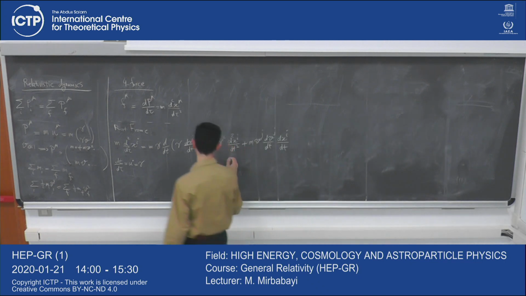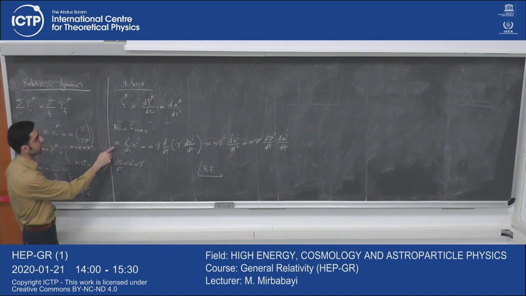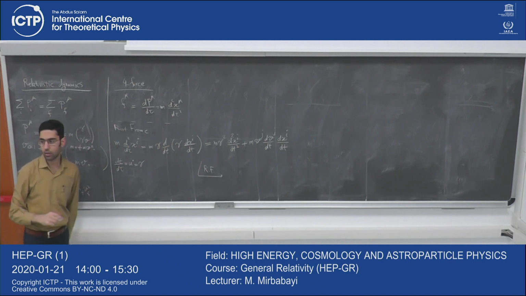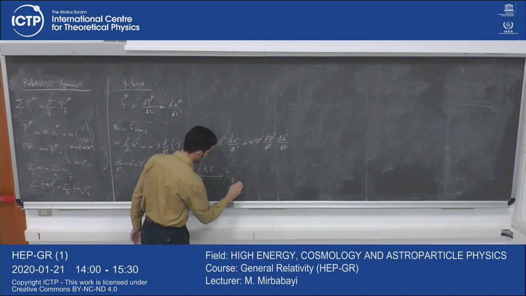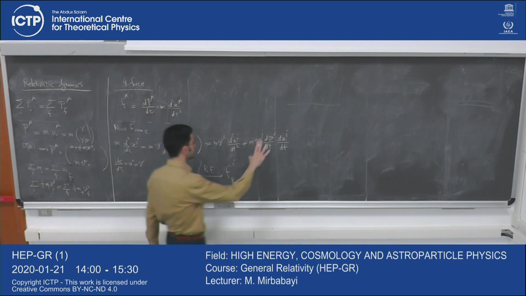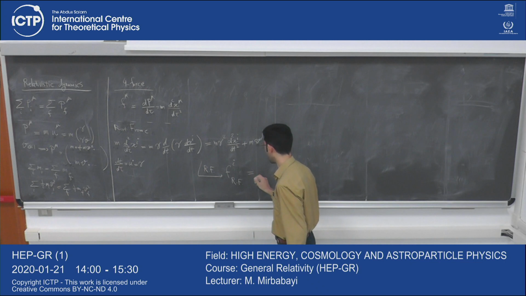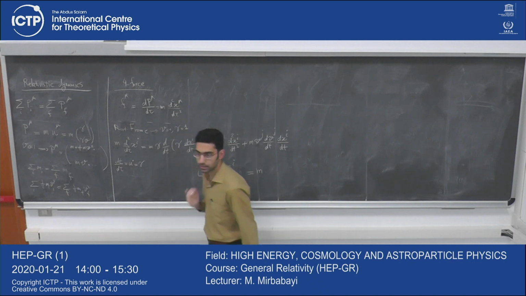But if we go to the rest frame, so remember this was just the i-th component of this force. If you go to the rest frame where the velocity is equal to 0, this last term vanishes and we get F^i in the rest frame, and gamma is equal to 1. So in the rest frame, v is equal to 0 and gamma is equal to 1 instantaneously.